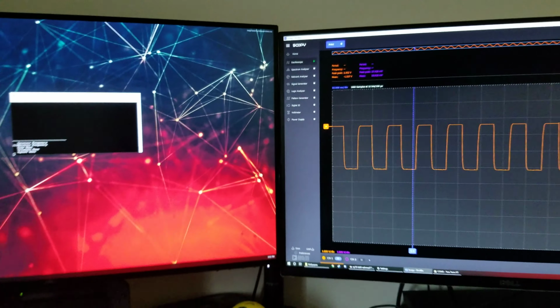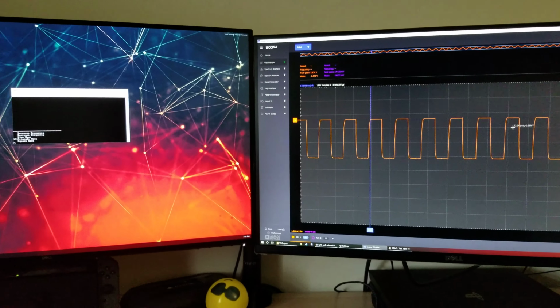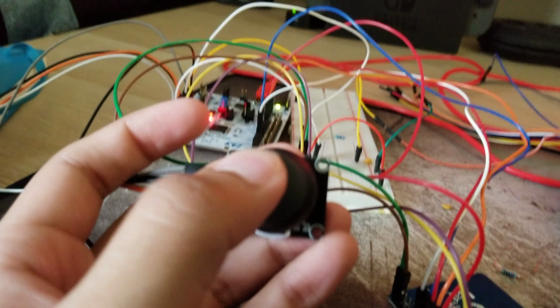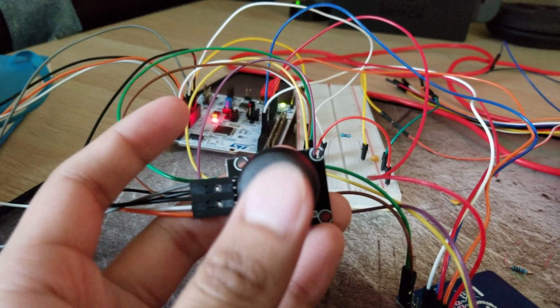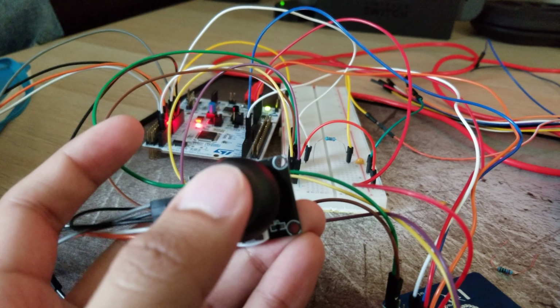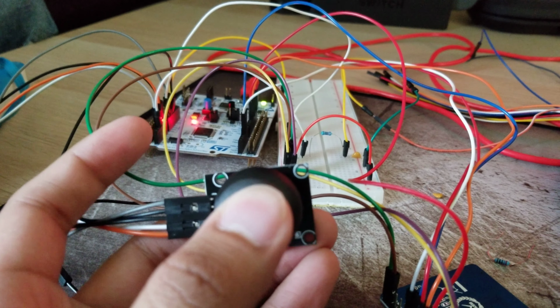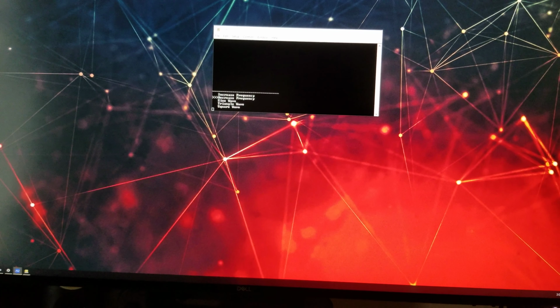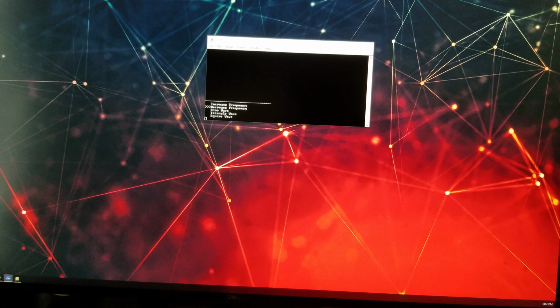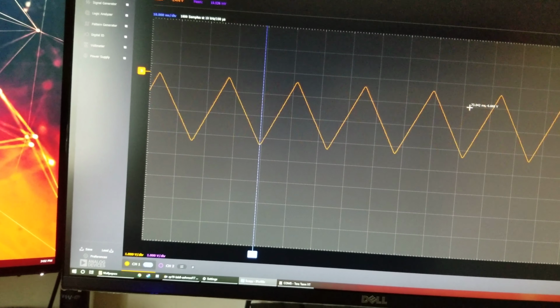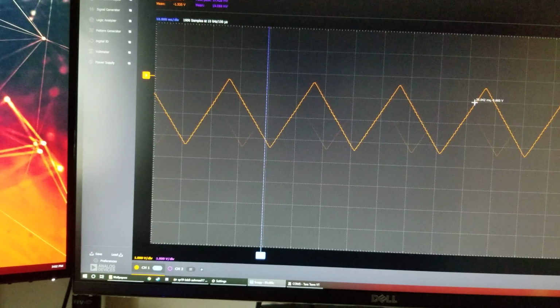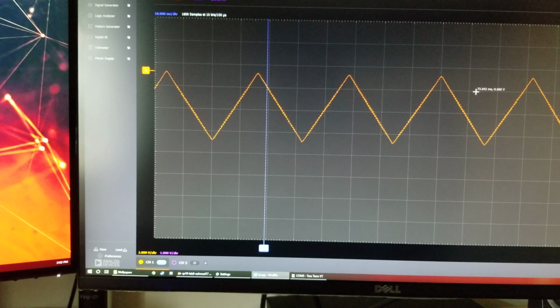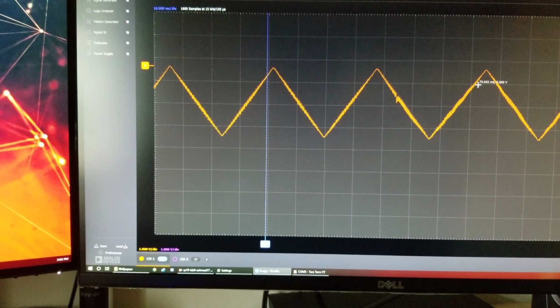So we can see here that, oh yeah, I forgot to mention, pressing down on the joystick and clicking it is what triggers the command change. I clicked down on it while it was on triangle wave, and now it's generating a triangle wave. So I'll go ahead and decrease the frequency of this, and we can see that the frequency is decreasing. And obviously as we decrease the frequency, the signal becomes more and more rough.